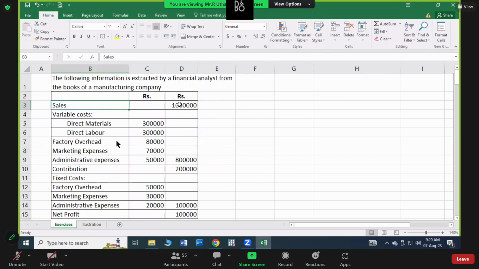Sales are given. These are the budgeted items. Then the variable costs, direct material and direct labor are given. Then factory overhead, which is a kind of fixed cost. Marketing expenses of 70,000 is fixed.